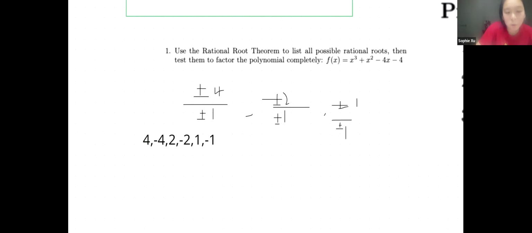What do we get when we plug in f of 4? Okay, Isabel. So what's f of 4? It's 4 cubed plus 4 squared minus 4x minus 16 minus 4, right? And that's definitely greater than 0, so therefore it does not work.